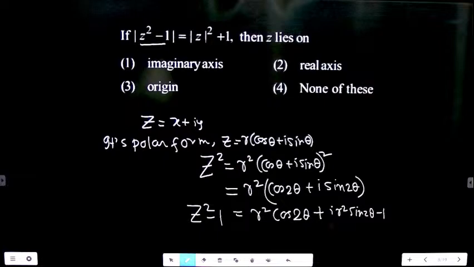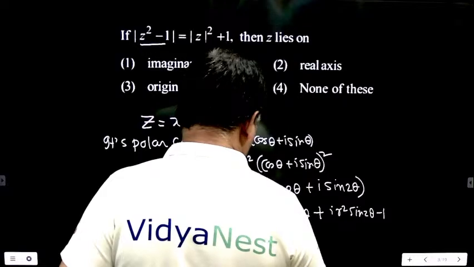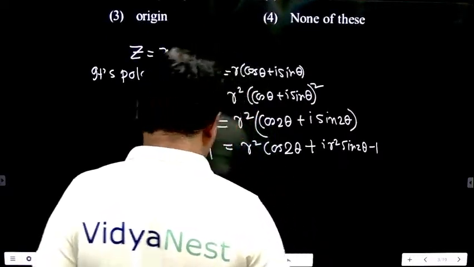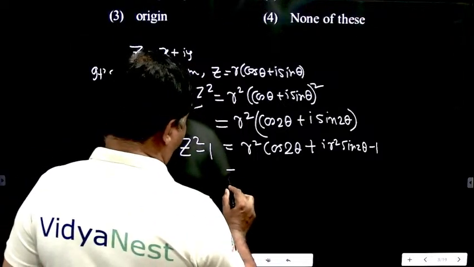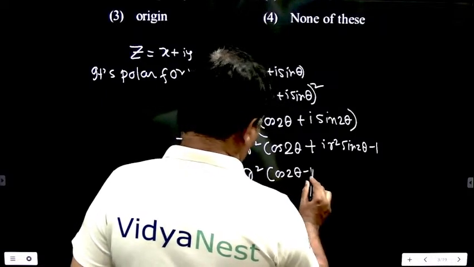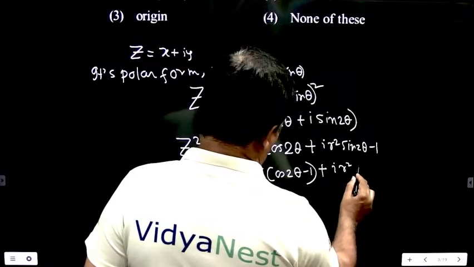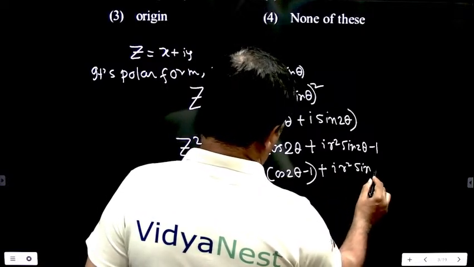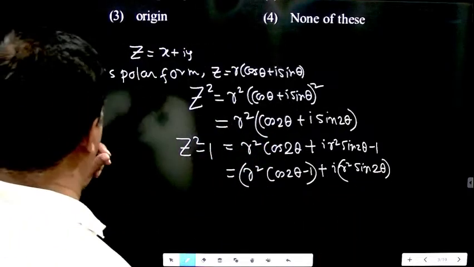Now what is the procedure? You do one thing. You separate the real part and find its magnitude.